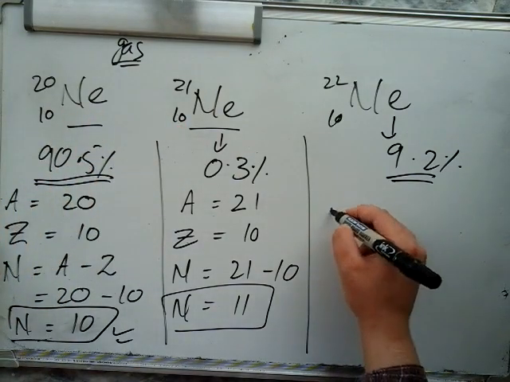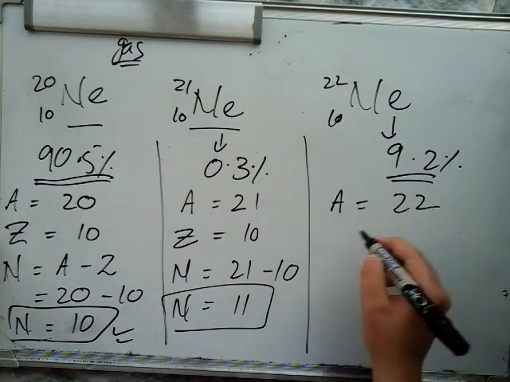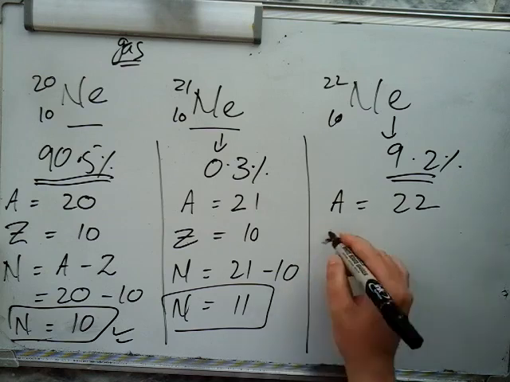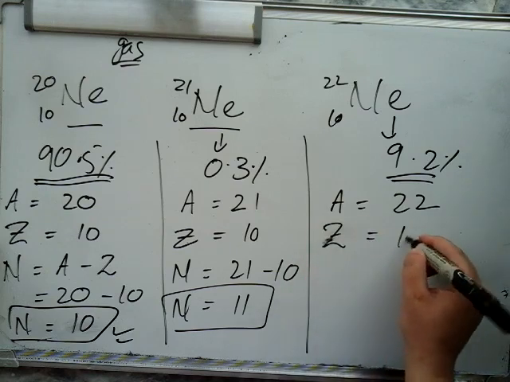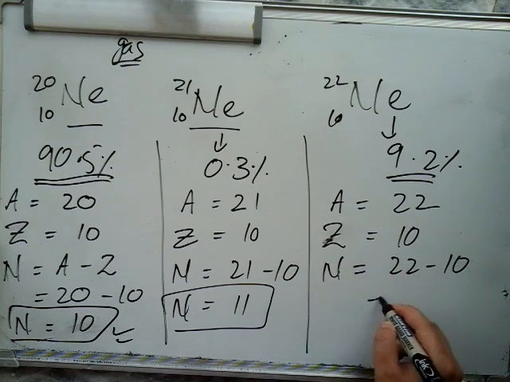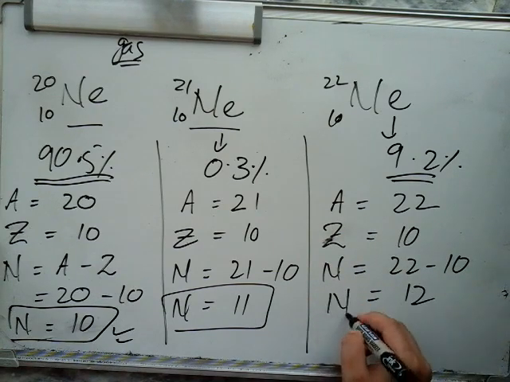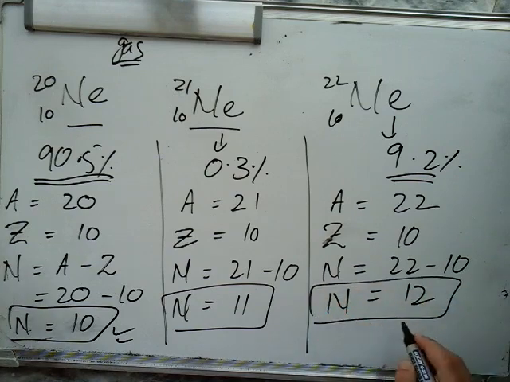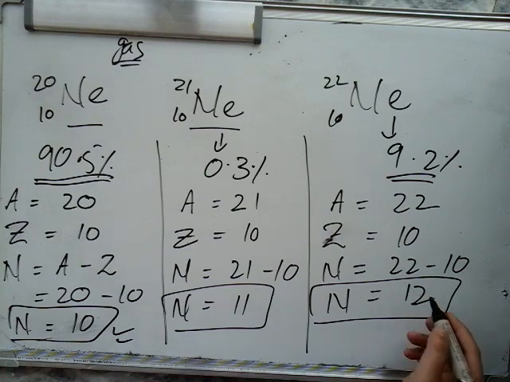In the same case, the mass number of this neon is 22. Atomic number is 10. So definitely the neutron number will become 22 minus 10, which is 12. So the nucleus of this neon is heavier. Why? Because its neutron number is more.